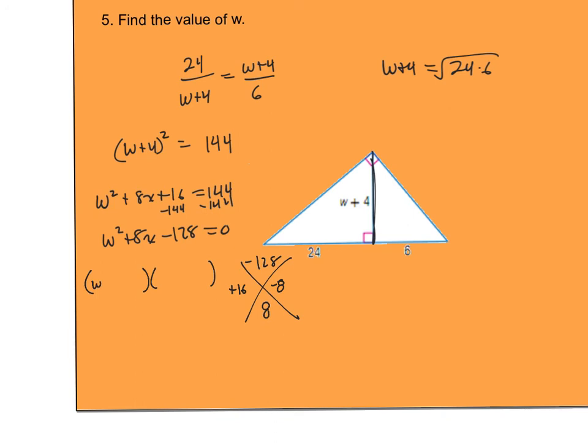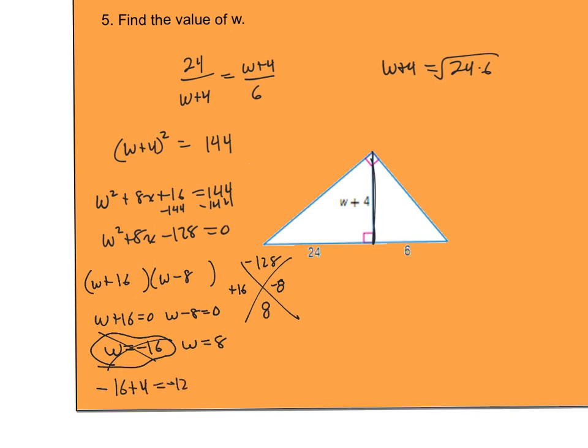So it becomes w plus 16 and w minus 8. So solve. w either equals negative 16 or w equals 8. This answer makes no sense because you can't have a negative number. Negative 16 plus 4 is negative 12. Can't do that. That's not possible. So my answer has to be 8.